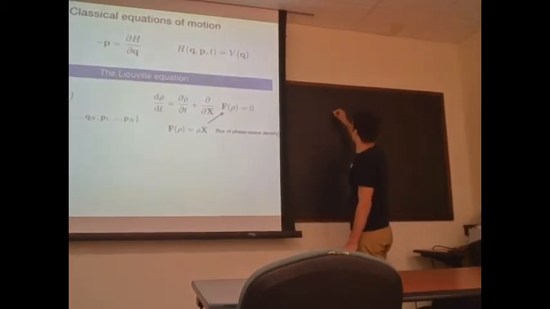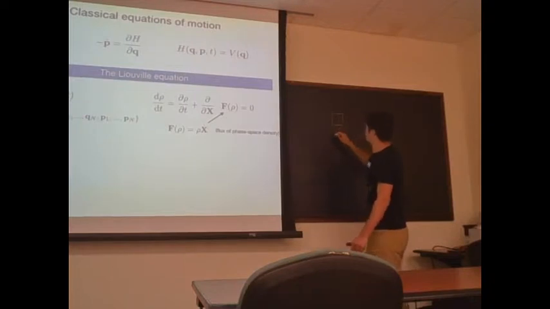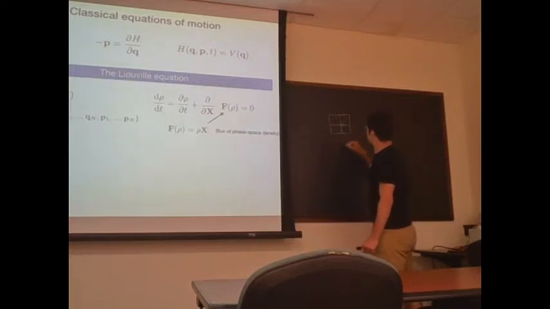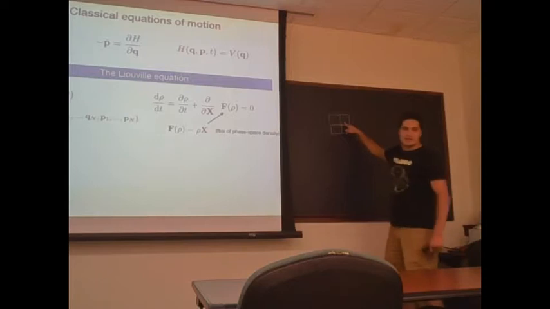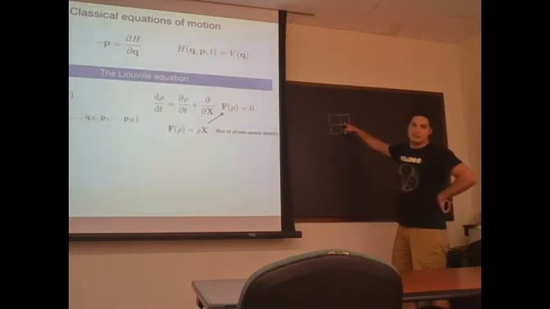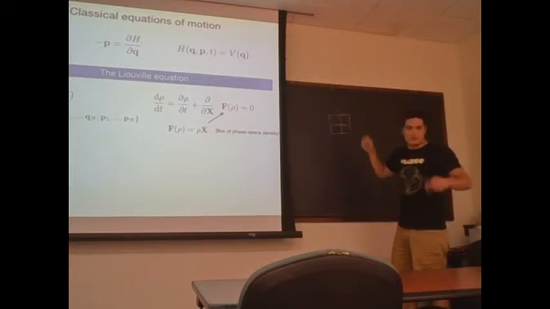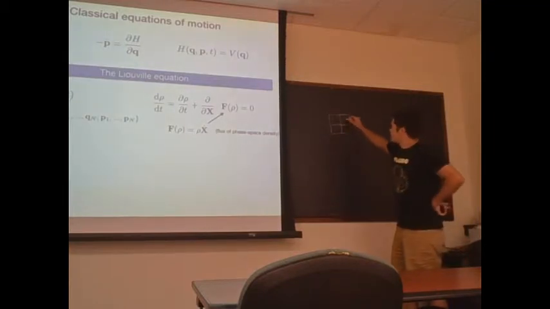So what I mean by flux is, let's say we have a bigger grid, and it extends out in these other directions. In each grid cell, we can talk about the amount of stuff in it. In this case, it's just the amount of points, which represent our system. If I'm talking about the flux of phase space density, I'm talking about systems moving in and out of some region of space.